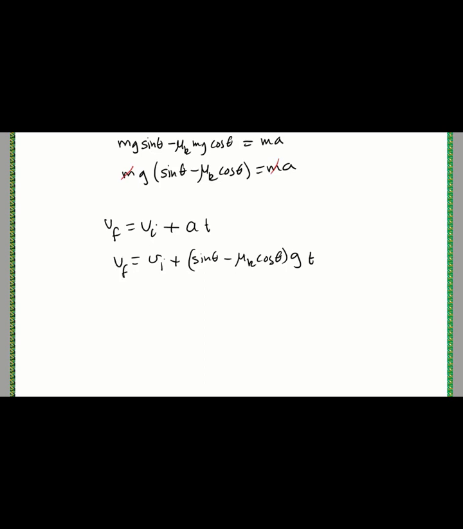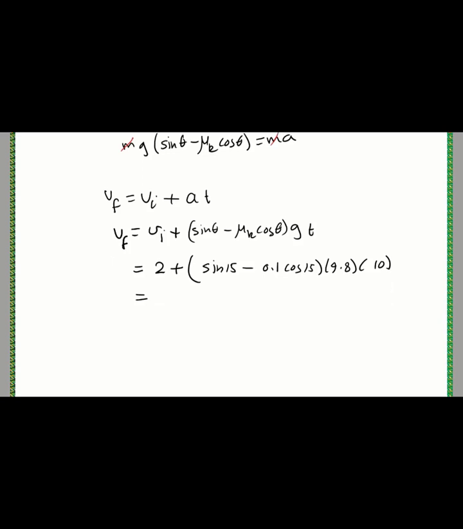This is V final. V initial 2 plus sine of the angle 15, minus mu k which is 0.1, cosine 15, g is 9.8, and the time is 10 seconds. Substitute to find the answer: 17.9.